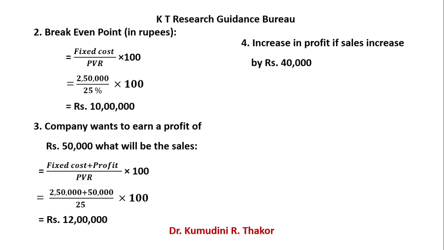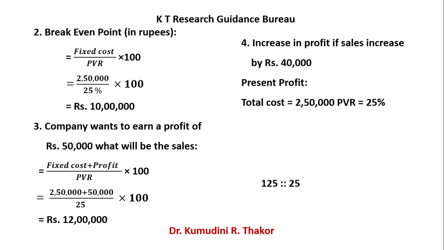Fourth one is the increase in profit if sales increased by rupees 40,000. Now your present profit, how much is your present profit? 2,50,000 into 25%. 125 equal to 25, then how much for 2,50,000?